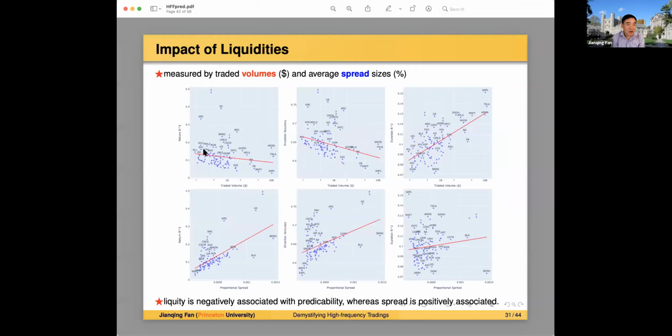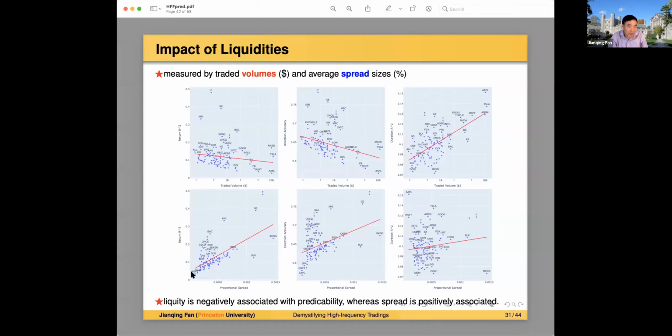Similarly, we examine other characteristics. As an example, I talk about impact on liquidity. Liquidity can be measured either in terms of trading volume, trading volume in dollars, or average spread size. This is the out-of-sample R squared for returns, in terms of trading volume in dollars. You have a clear negative association here, and accuracy looks even clearer, with a negative relationship, and duration certainly has a positive one.